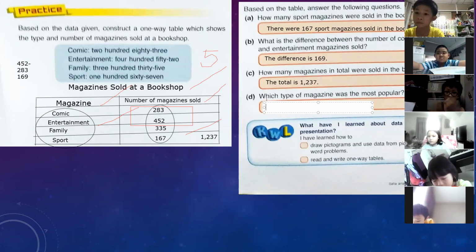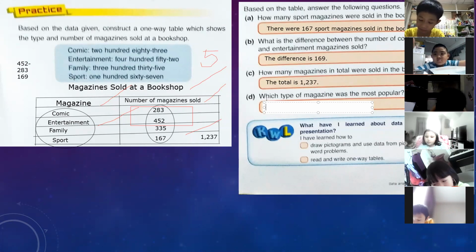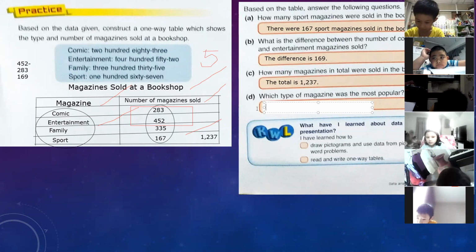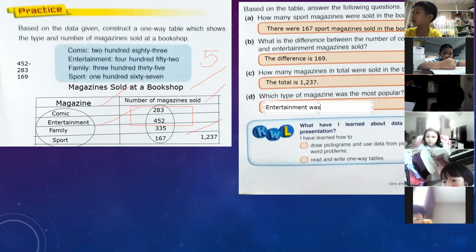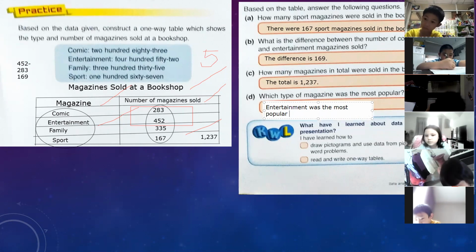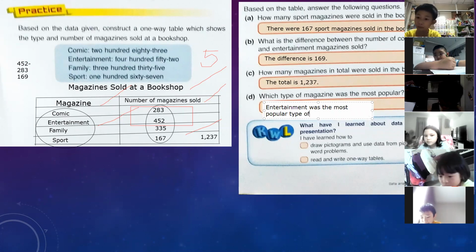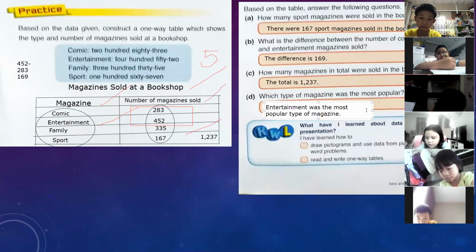So you can write the most popular type of magazine was entertainment, or entertainment was the most popular type of magazine. Okay. 1 minute left now.